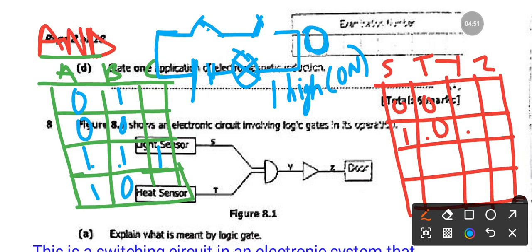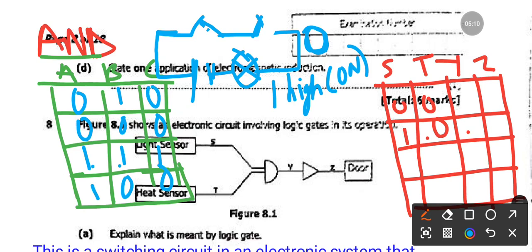So in all situations where the input is not 1 1, the resulting output would surely be 0. So in all other cases the output would be 0.